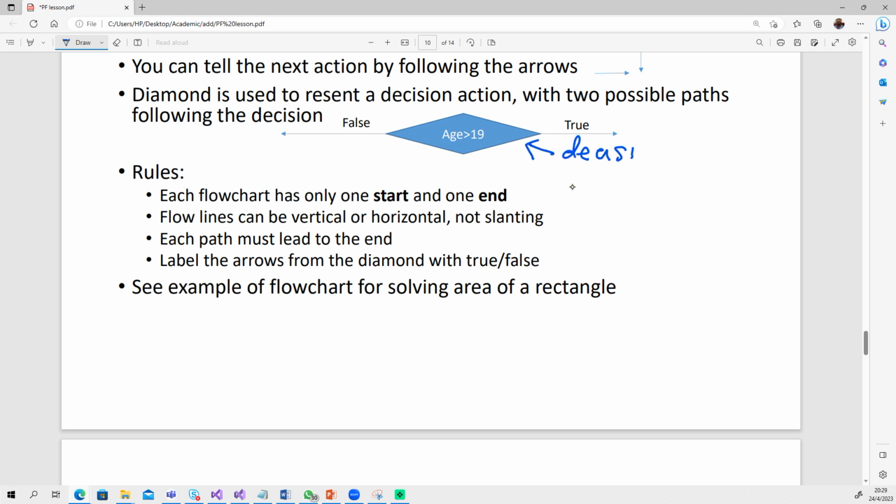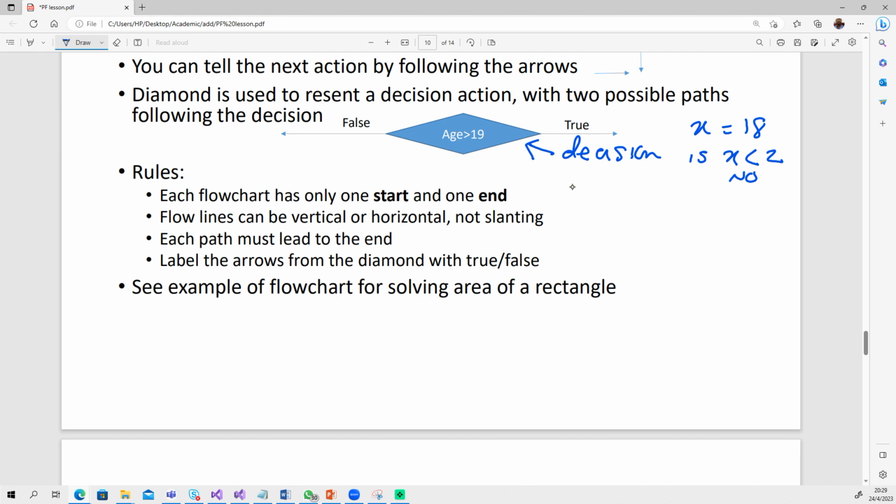Now this decision making is where you're asking, suppose I've got a value of x as say 18. I can ask myself a question like, is x less than 2? In this case, if x is 18, is x less than 2?